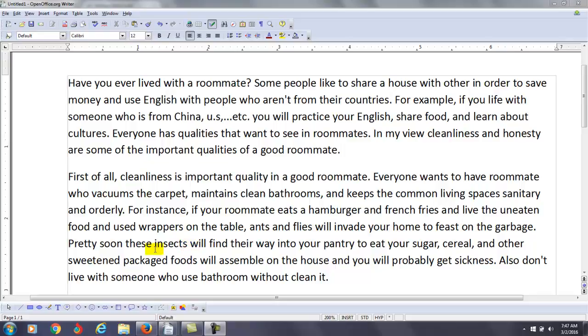Okay, so it says pretty soon these insects will find their way into your pantry to eat your sugar, cereal, and other sweetened packaged foods.